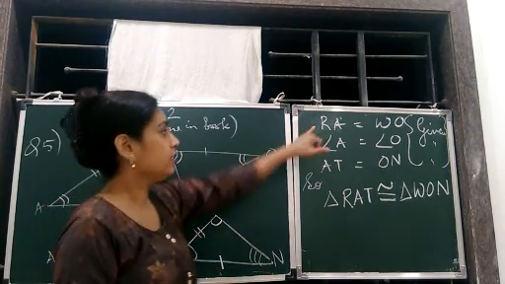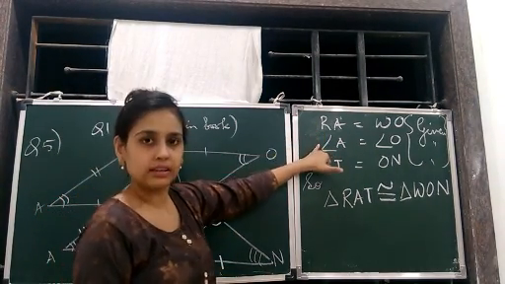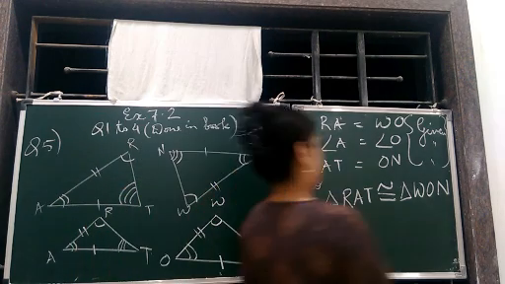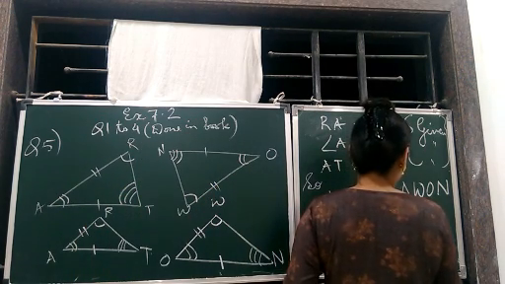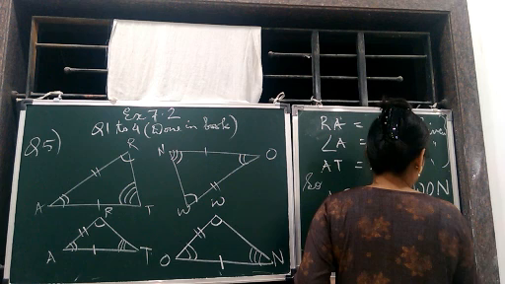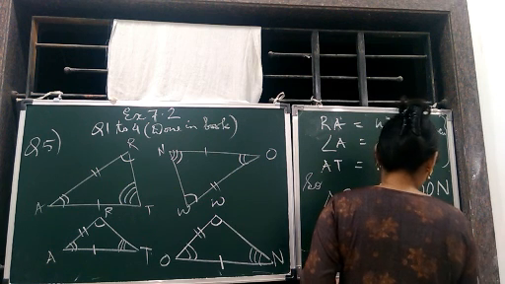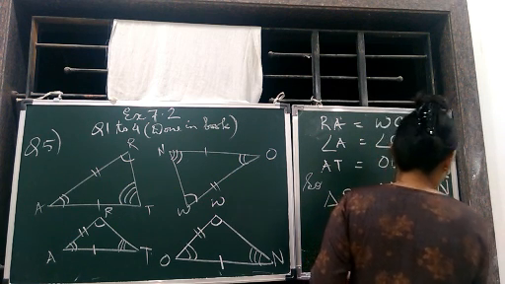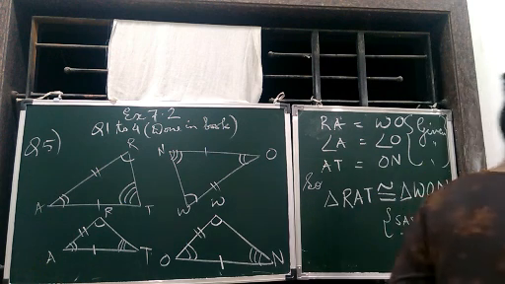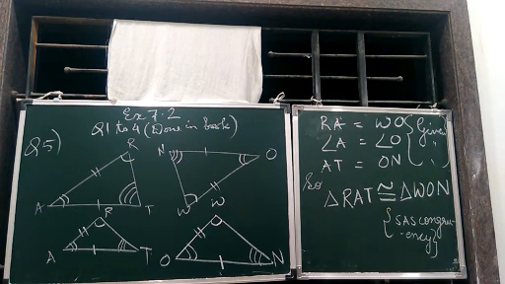Which congruency? Side angle side. So you can write here SAS congruency. So children, this completes 5 questions. Okay, you can say. So you complete till here. Rest we will continue tomorrow.